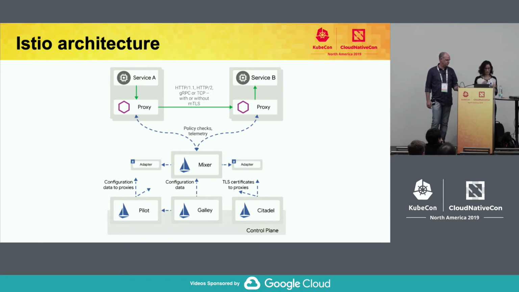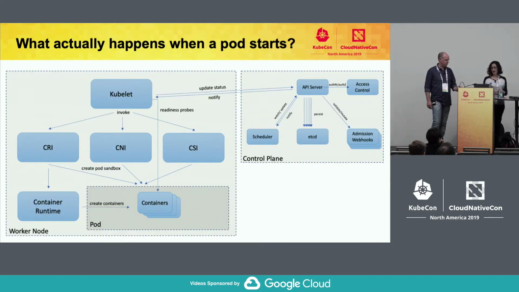The Pilot is responsible for the configuration of the sidecars, the Mixer is responsible for the policy and the telemetry, and the Citadel is responsible for the strong authentication and authorization and the identity management of the service mesh.